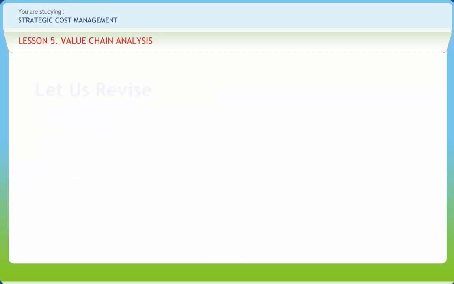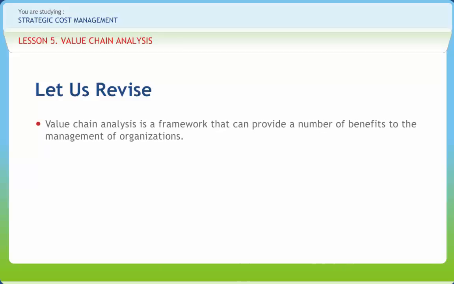Right. Before we end, let us briefly revise what we have studied so far. Value chain analysis is a framework that can provide a number of benefits to the management of organizations. The use of value chain analysis facilitates the strategic management of an organization.